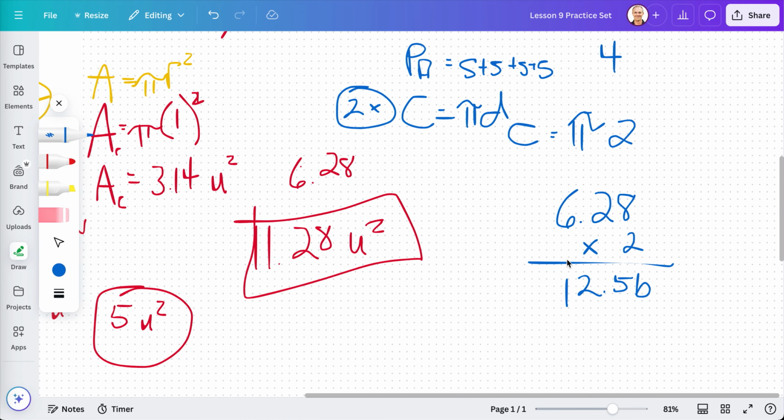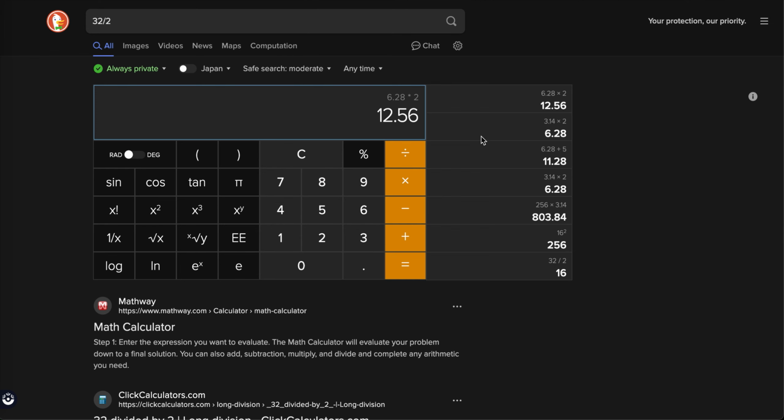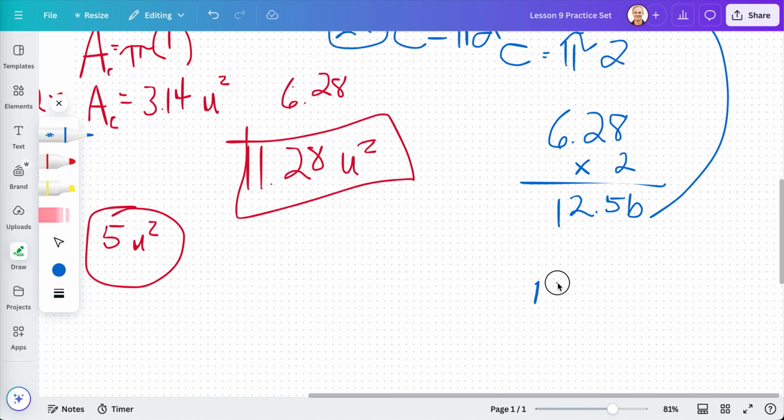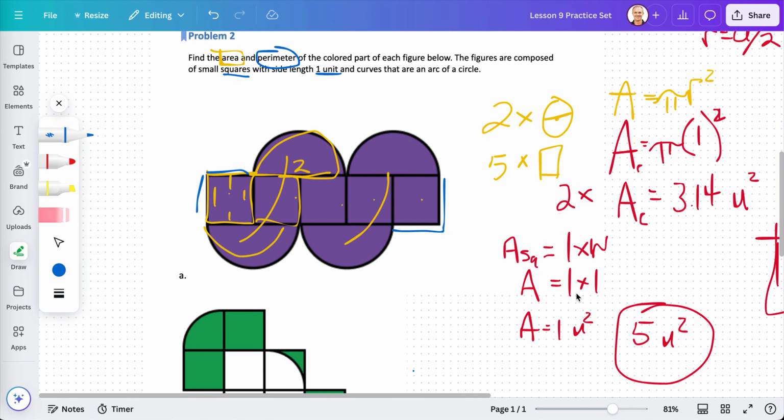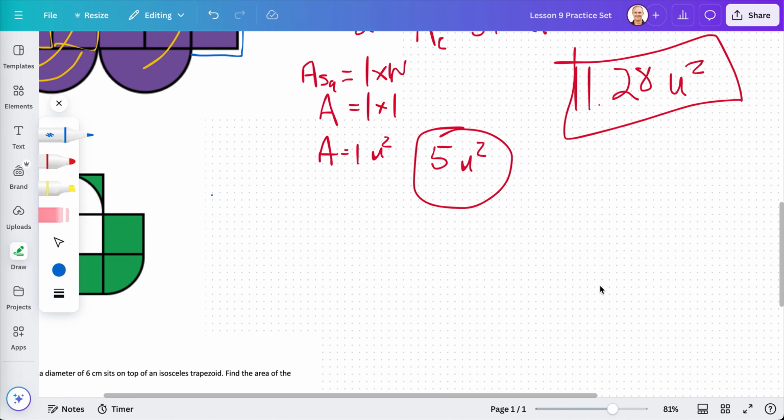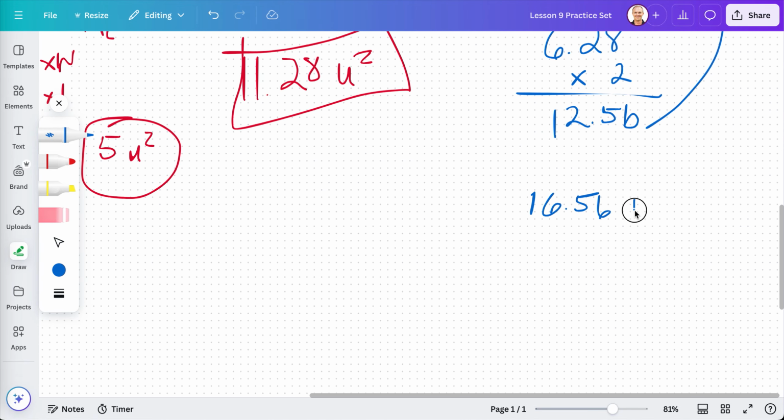Okay, 12.56 plus 4 is 16.56, and the units are just units. So 16.56 units is the perimeter.